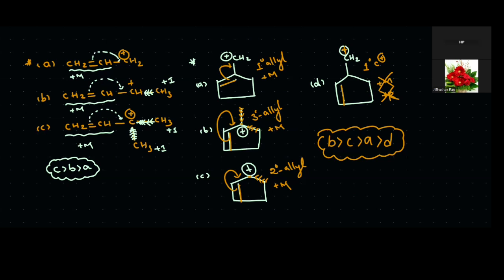Benzyl carbocation. So now one resonating structure only we will discuss again in this also. It is also very important. CH2 plus, it is called a benzyl carbocation.